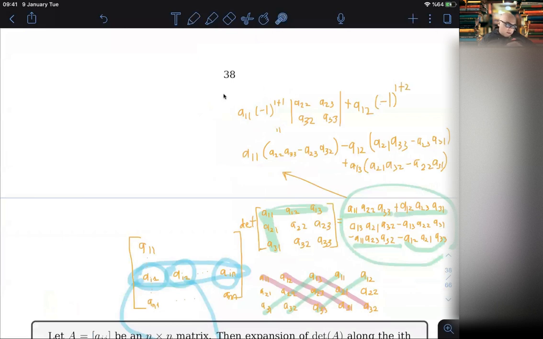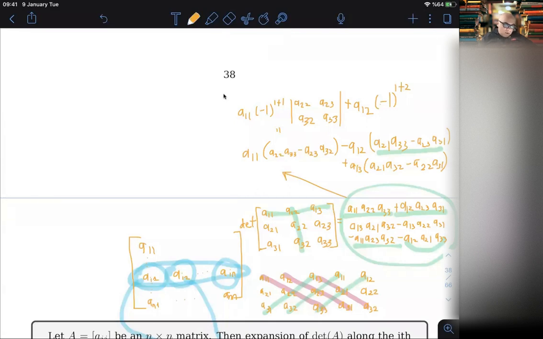Let me erase this thing and look at this part. What is it? If I remove these two terms and compute the determinant, I get this times this minus this times this, right?